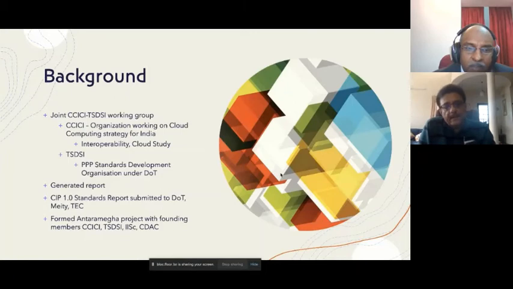So DOT, the Department of Telecommunications in India, had realized that this is a very important area, and so they had asked TSDSI to formulate cloud standards. TSDSI stands for Telecommunication Standards Development Society of India.